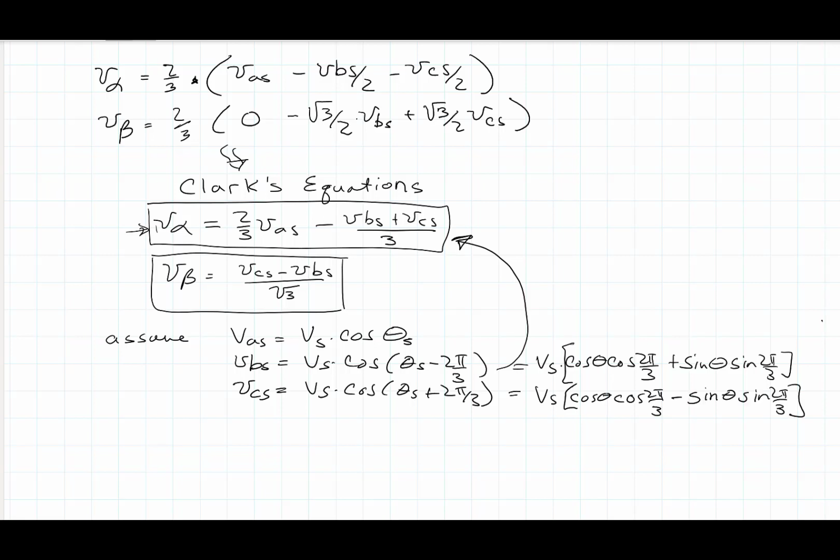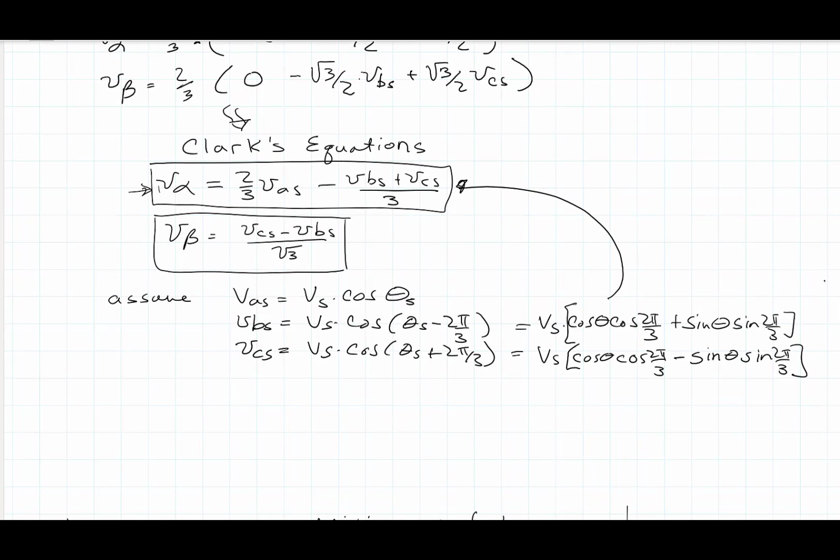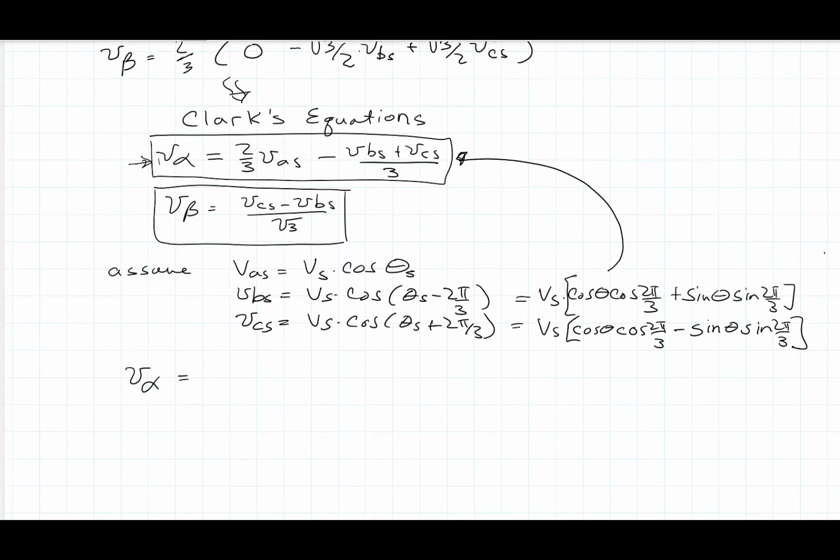So we're going to plug these expressions in here. And what we end up getting is V alpha: we've got 2/3 times the Vs cosine theta s. Now these two terms are summing, so the sine terms are going to cancel out.